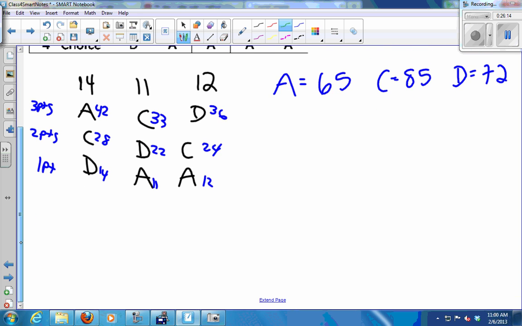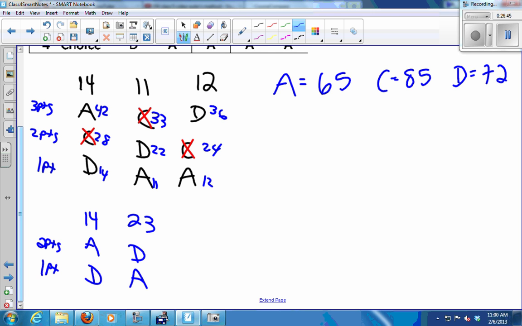Now C is gone. Get rid of C, because C won. So make a new preference schedule. I have A, D, 14 people. And my other two columns with C gone are both D, A, so 23 people go D, A. And this is going to be 2 points, 1 point.